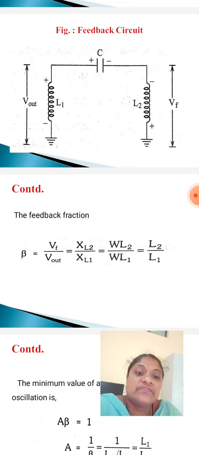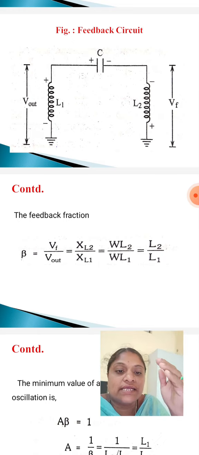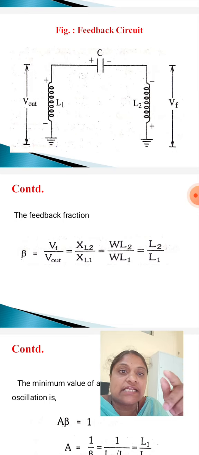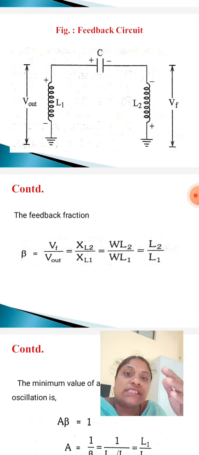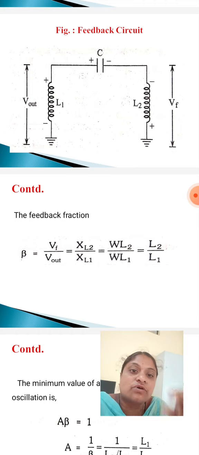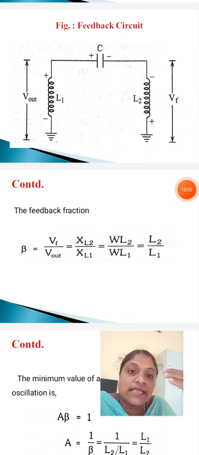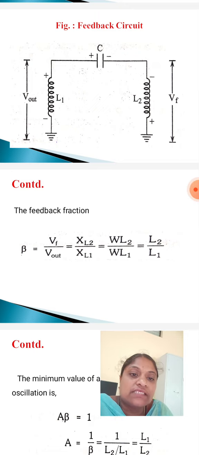That is equal to: VF is applied to inductance coil L2, so inductive reactance XL2, by V out, which is applied to inductance coil L1, so inductive reactance XL1. So beta is equal to XL2 by XL1. XL is nothing but omega L. Substitute XL in terms of omega L. So that is equal to omega L2 by omega L1.